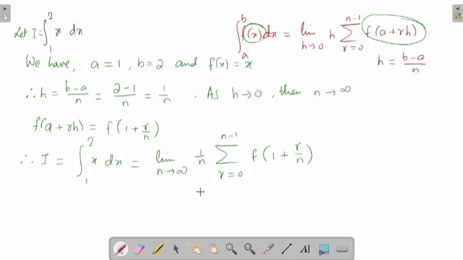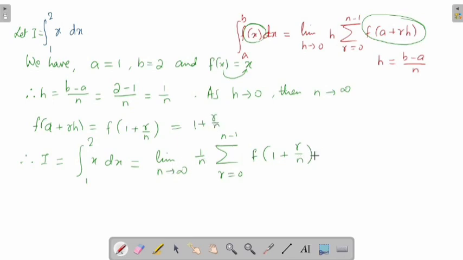Now see here carefully. If f(x) is x, then replace this x by 1 plus r by n. If you have x here, you have x. So if you have 1 plus r by n, then you will get 1 plus r by n here. So this value becomes 1 plus r by n.